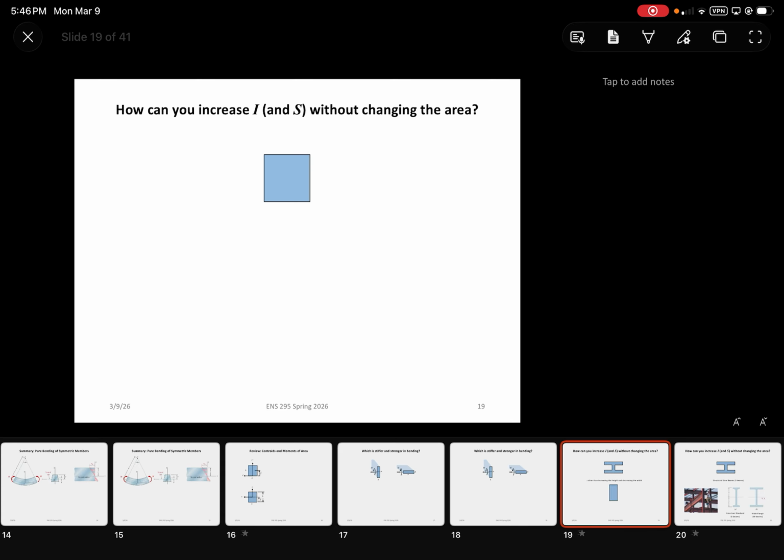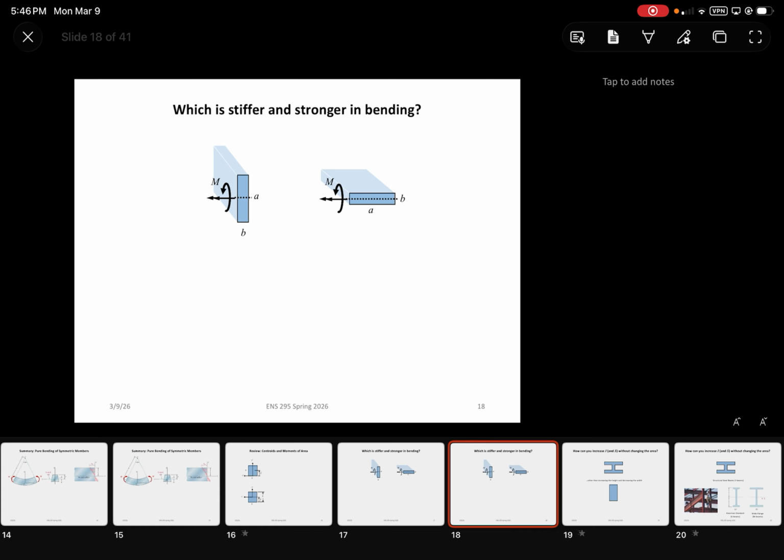Let me ask this, all right? We went over previously what the section modulus is. S was just equal to I over Y. So we can look at the section moduli for each of these, right? We determined previously that I for this was equal to BA cubed over 12.